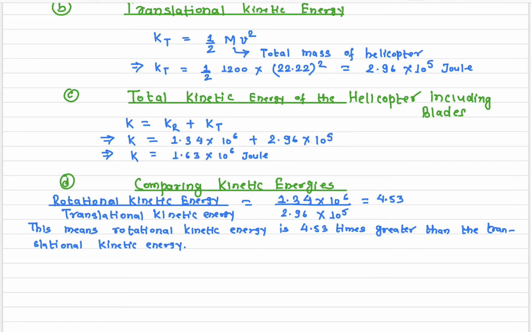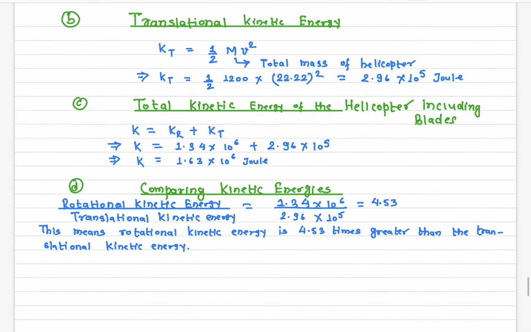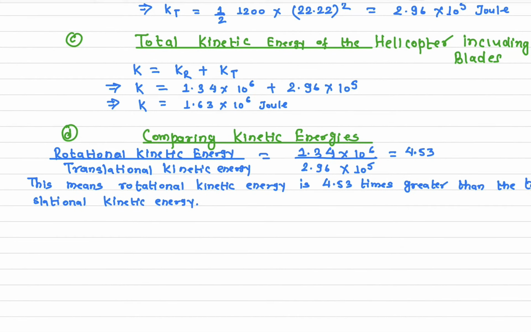So now let's compare the translational kinetic energy to the rotational kinetic energy. I'm just finding the ratio of rotational over translational. If we plug in all the numbers, what you get is 4.53. What does 4.53 mean? This means the rotational kinetic energy is 4.5 times greater than the translational kinetic energy.